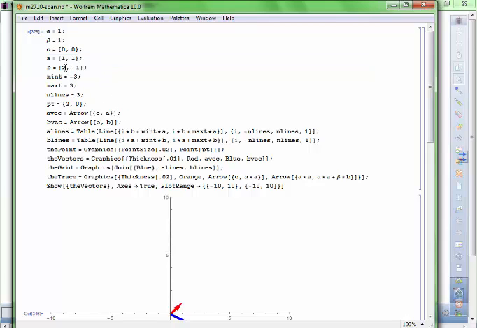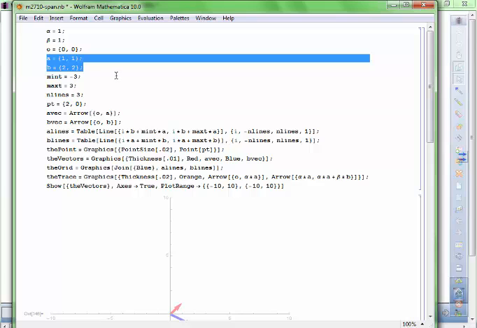Now let me just take as an example the vector 1, 1 and the vector 2, 2. And let's imagine what the span of those two vectors would be. What do you think the span of those two vectors would be?